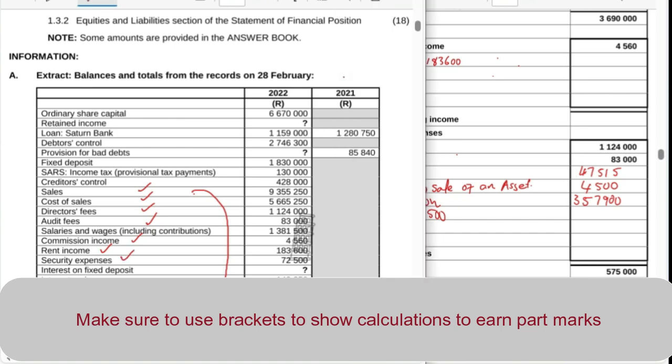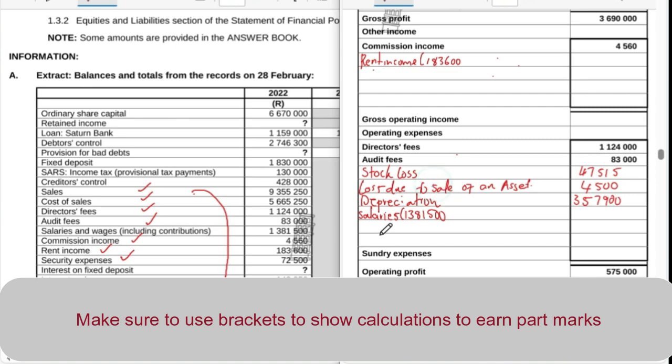And then security expense, do we have any security expense here? Then it's not provided. Then we have to show the security expense, and then we're going to write down security expense as how much? Security expense as 72,500.